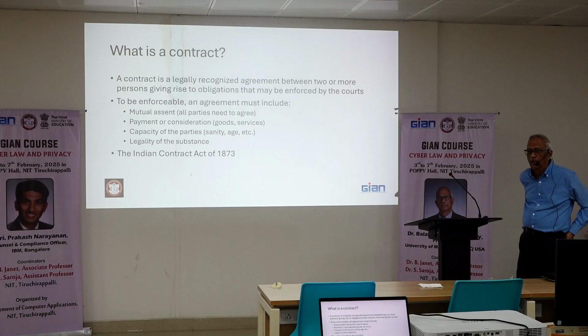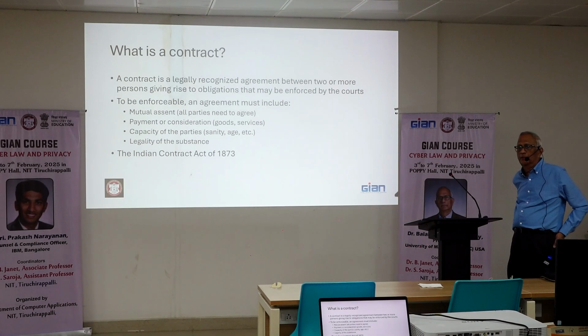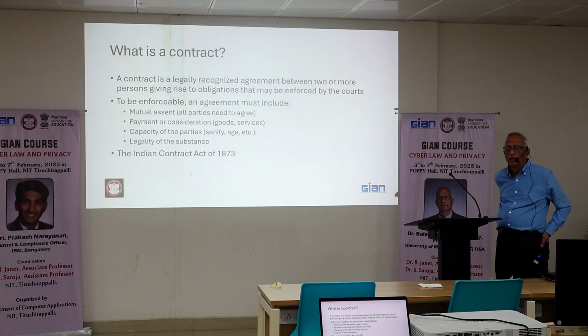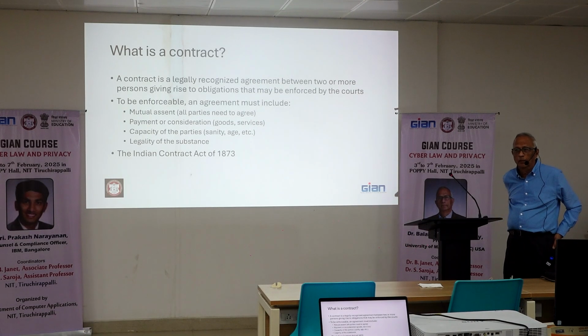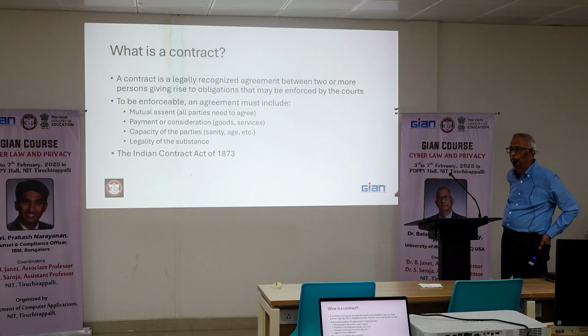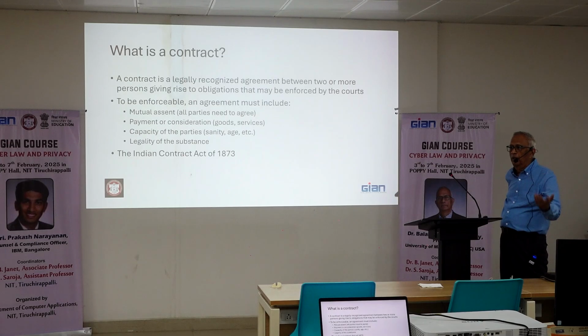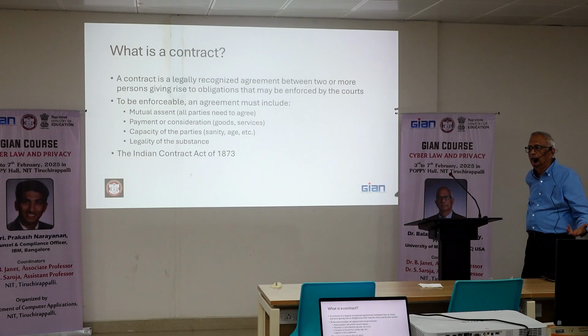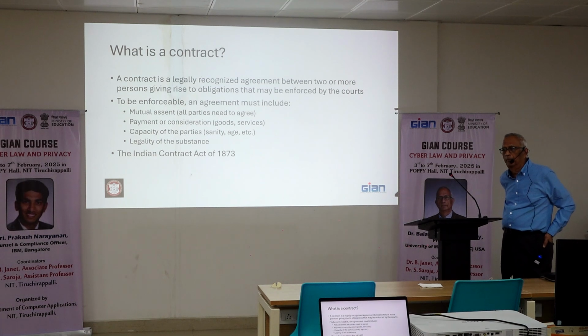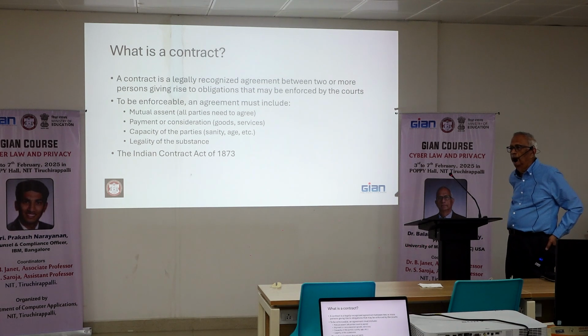In other words, it has a legal component. You cannot say, I signed a contract, but I won't go to court. It is subject to the state enforcing it. Even if it is among friends, among brothers, the moment it is a contract, it comes under the purview of the government. That's something you have to understand.